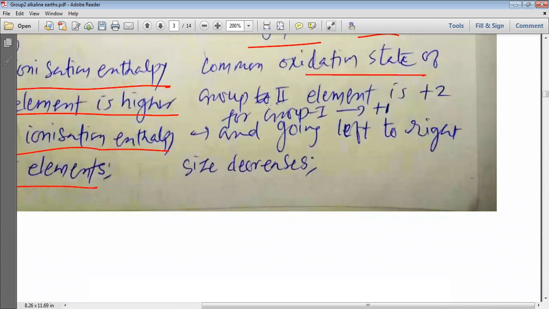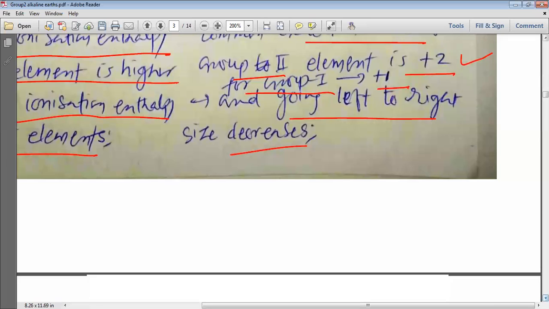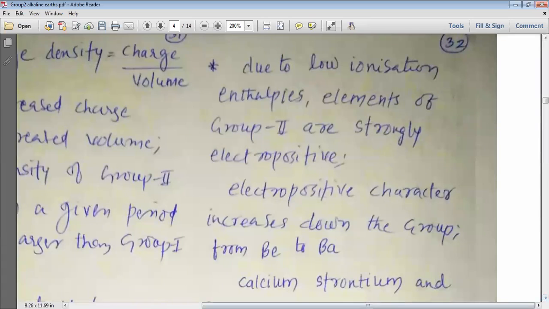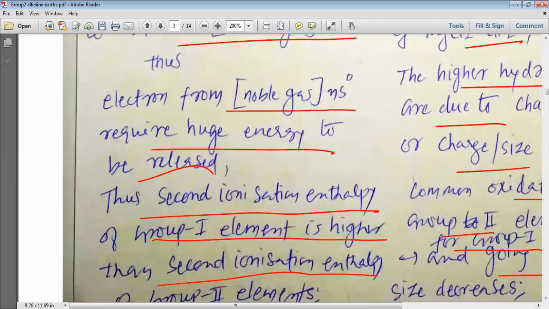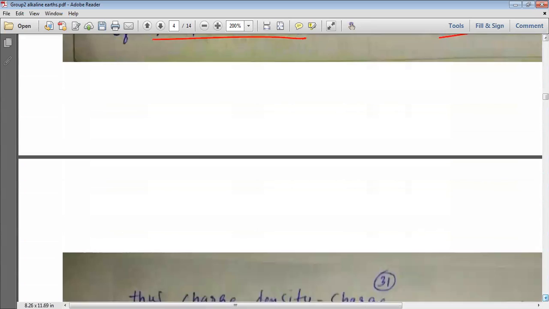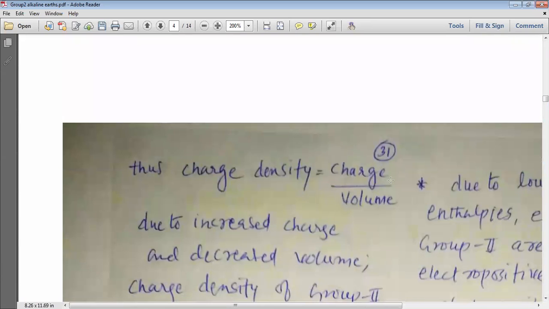The common oxidation state of group 2 elements is +2. For group 1, the common oxidation state is +1. And going left to right, the size decreases. So my dear students, going left to right, charge increases but size decreases, and that is why the charge density, which is charge divided by volume, increases.